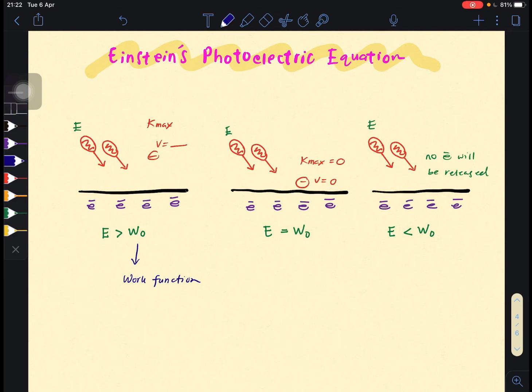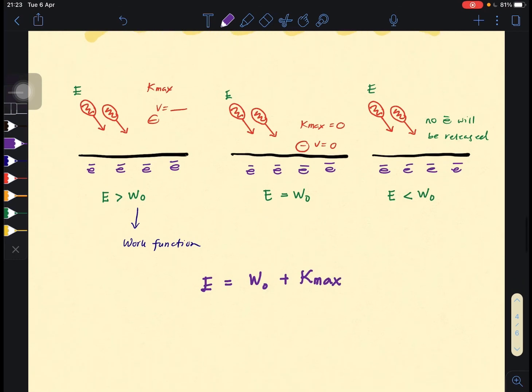Before the collision, we only have one energy, which is from the photons, E. After the collision, the energy involved is the minimum energy plus the kinetic energy. So E is equal to the minimum energy, which is the work function, plus the kinetic energy.